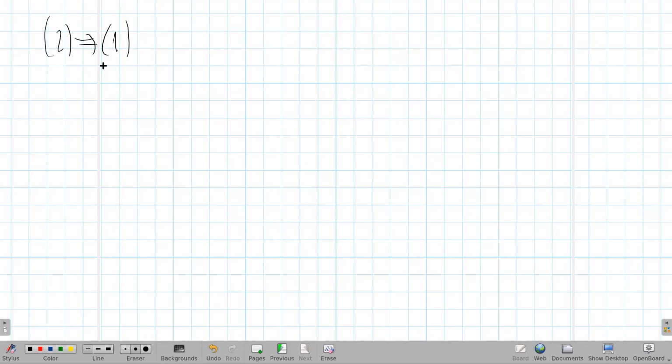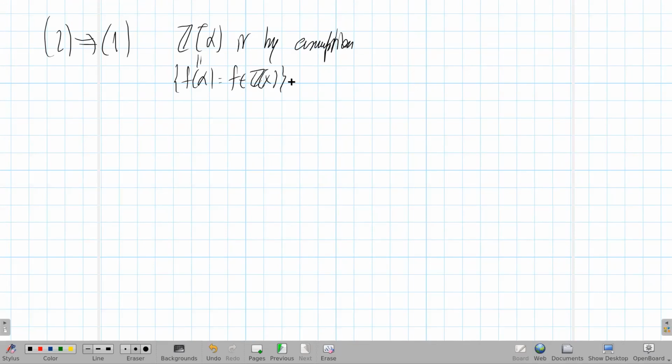So 2 tells you that we know by assumption that Z[alpha], recall, this is just the set of values of all the integer polynomials on alpha, is by assumption a finitely generated Z module.